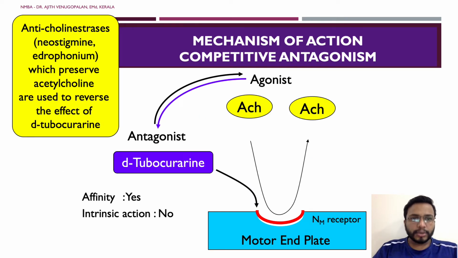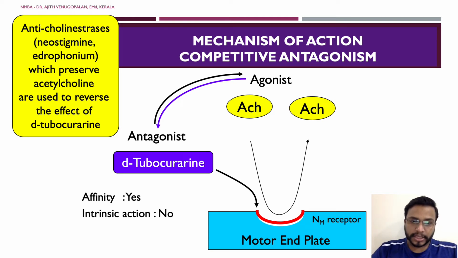Now to the mechanism of action of competitive blockers, which has already been discussed. These basically act as antagonists. They stick onto the motor end plate of the skeletal muscle at the nicotinic receptors and block the receptor.